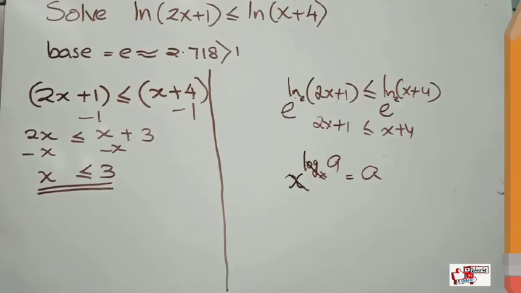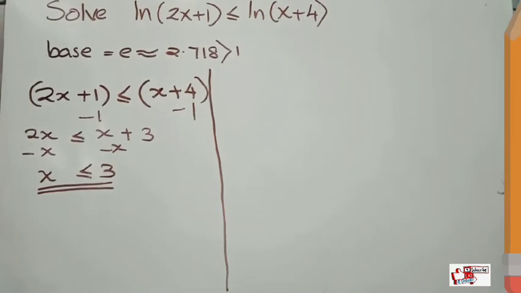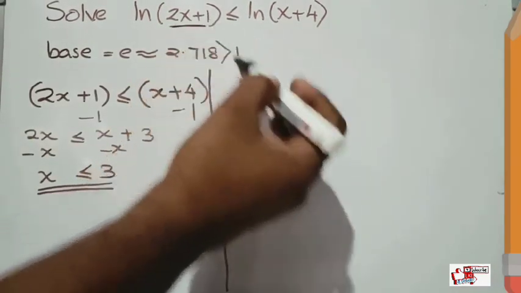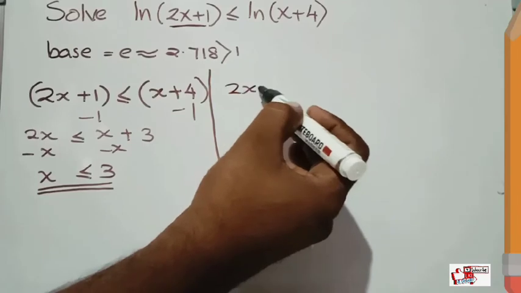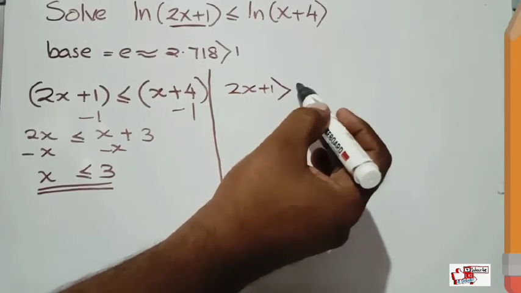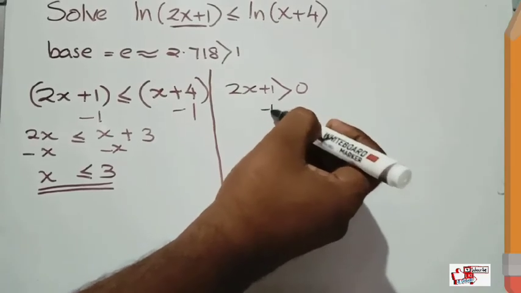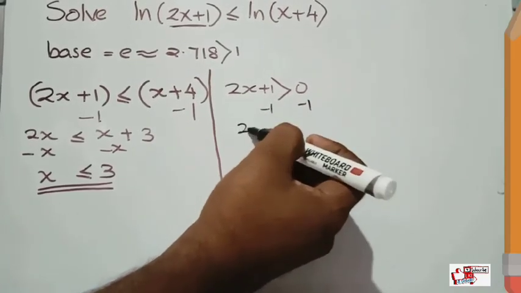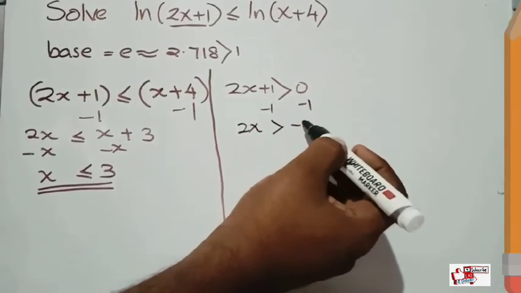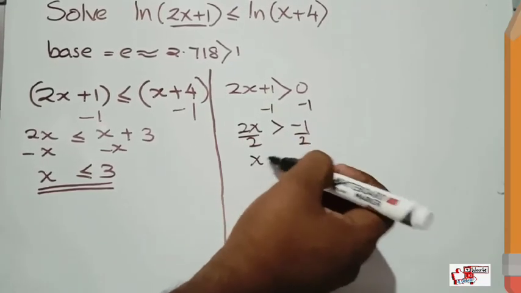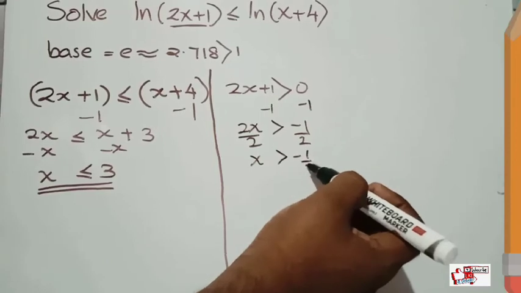Now our task is to find the domain. To find the domain, let's take the first logarithm argument, 2x + 1, which is greater than 0. So it gives us 2x greater than minus 1, or x greater than minus 1 by 2.